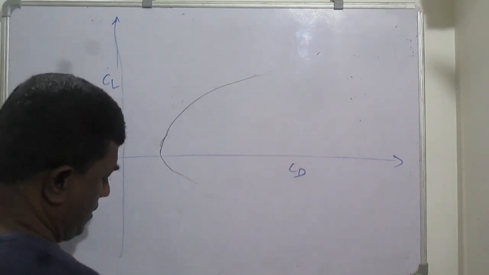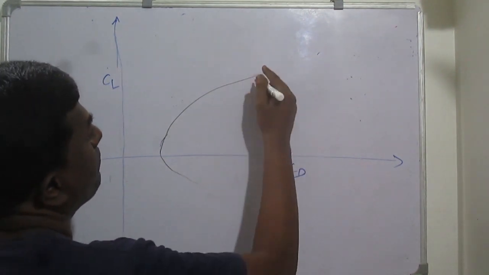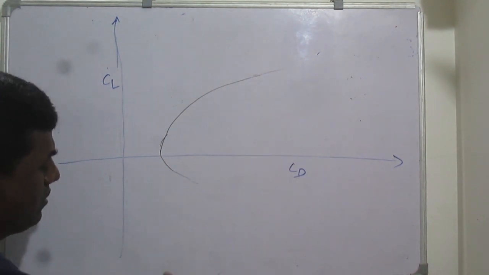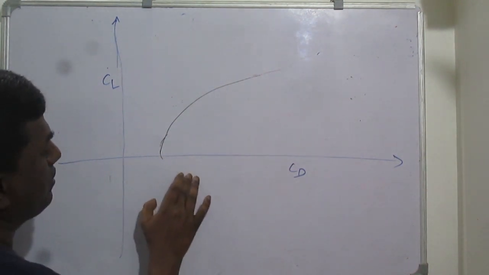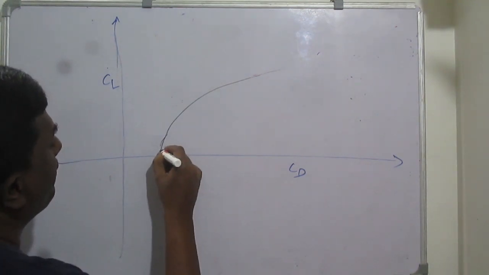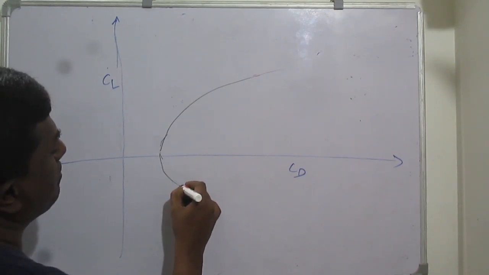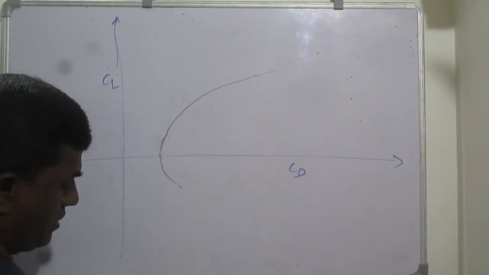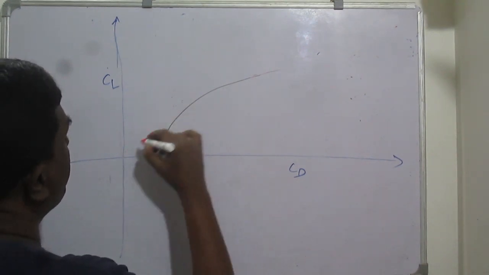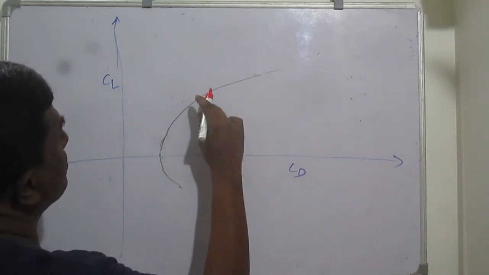Here we can find the L by D maximum. How do we find it? We have to draw the tangent to this curve.